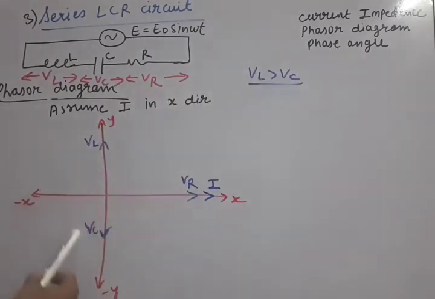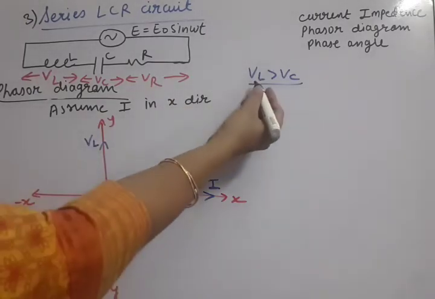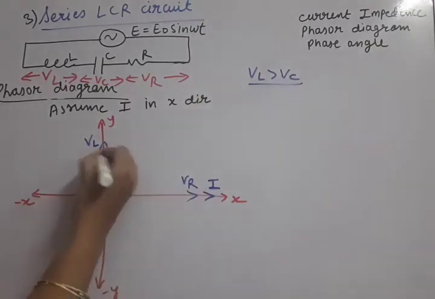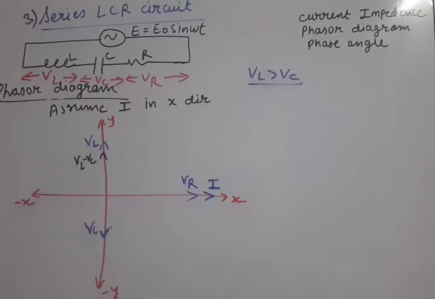We don't know which of VL and VC is greater, so we have just assumed VL is greater. So the subtraction will be VL minus VC, and its direction will be along the greater vector. So VL and VC are solved and their resultant is this.